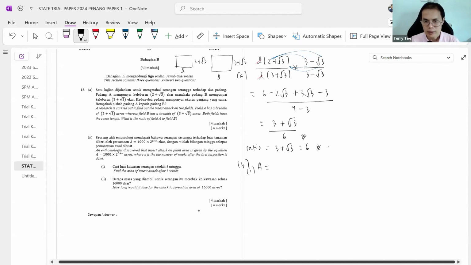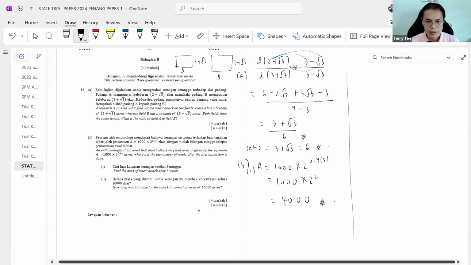This is B Roman 1. You replace your n with 5. So this is 1000 times 2 to the power of 0.4 times 5, which is 2 to the power of 2, right? 0.4 times 5 is 2, 2 squared is 4. 4 times 1000, answer is 4000.